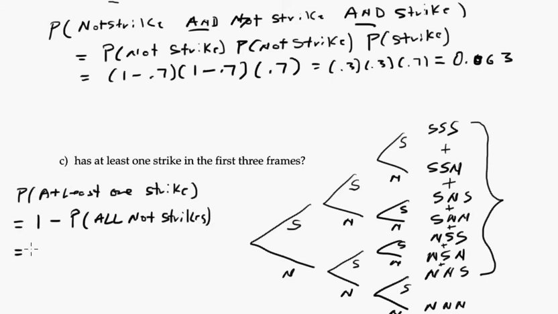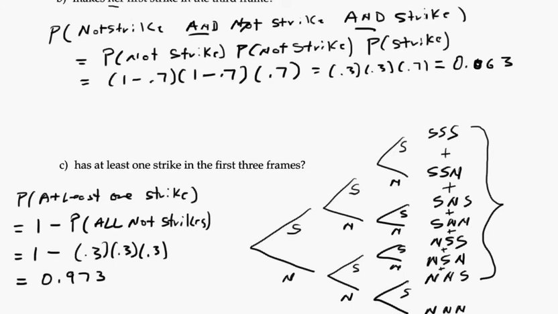Okay, so that's 1 minus, and the probability of not a strike is 30%. That should come out to be 0.973.